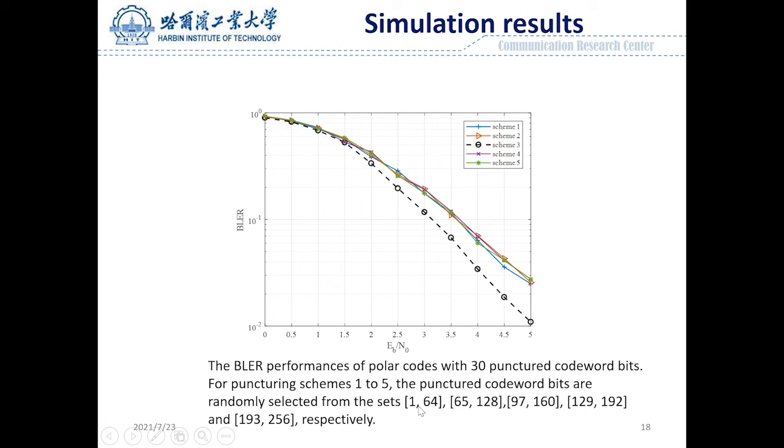The sites are shown in these slices. It can be found that the block average performance of scheme 3 is better than the other schemes, which implies that the average significance levels of codeword bits in the third site are lower than the codeword bits in the other sites.